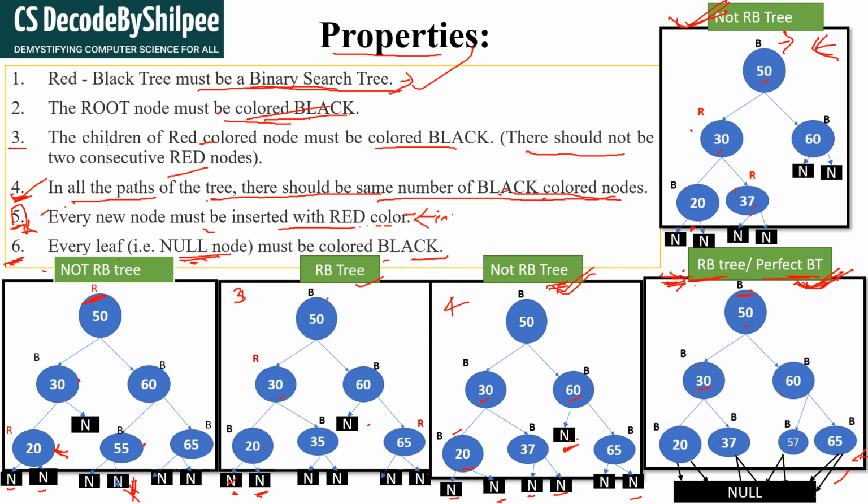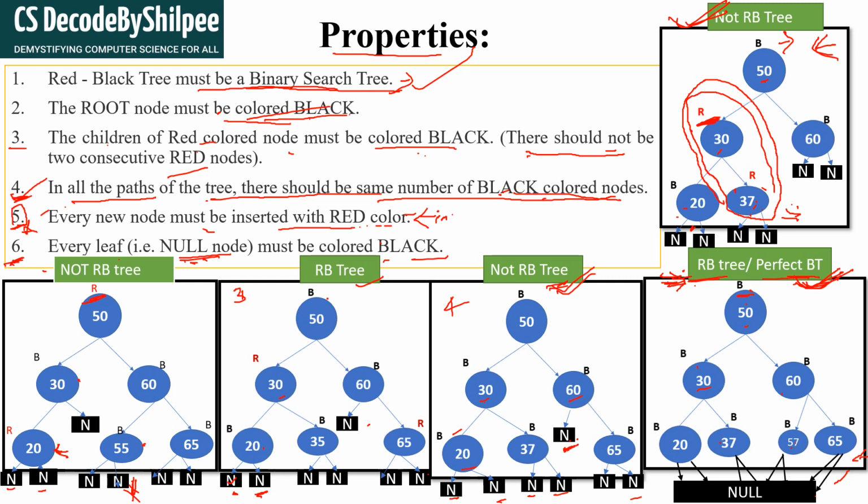Third property, the children of a red colored node must be colored black, which says that there should not be two consecutive red nodes. Two consecutive red nodes are not possible in the red black tree, but here if you see, there are two consecutive red nodes, and that's impossible.